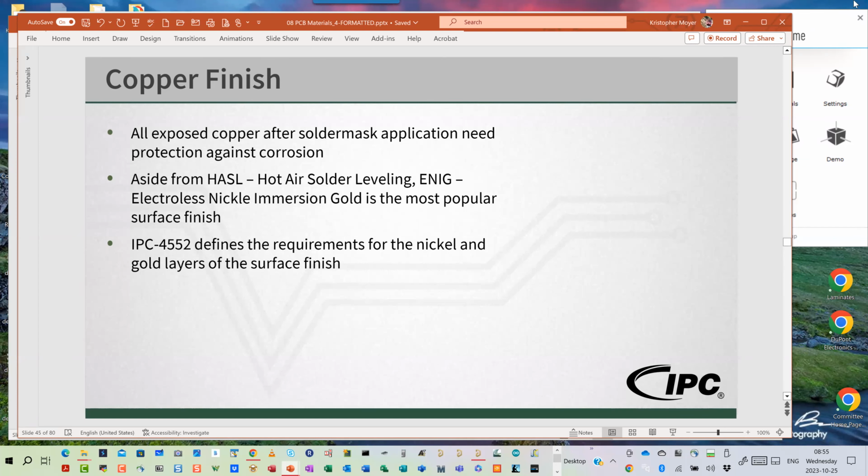If you're giving away a product for free, you want to produce it at the absolute lowest cost possible. And the cost to do Hassel is far, far less expensive than the cost to do ENIG. So taken as a whole, with all the low-cost product out there, especially in the consumer market segment, Hassel is still the most common.